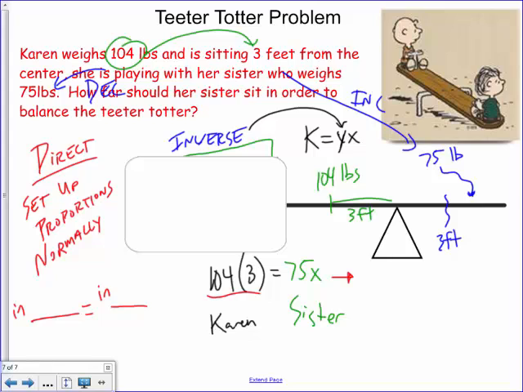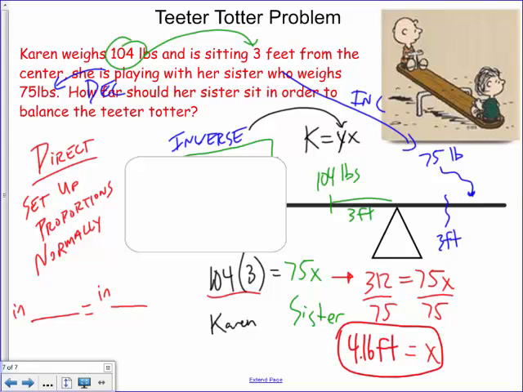So 3 times 104 is 312 equals 75x. And to solve for x, we should divide by 75. So x would equal 4.16 feet in order to balance that teeter-totter. And don't forget that label, right? Labels are important. Okay, so story problems get tricky depending on whether it's inverse variation or direct variation.